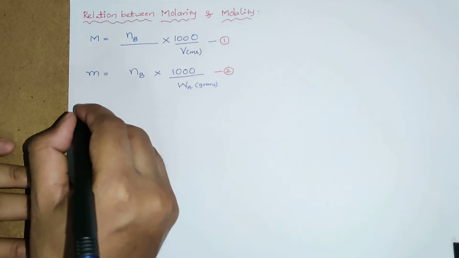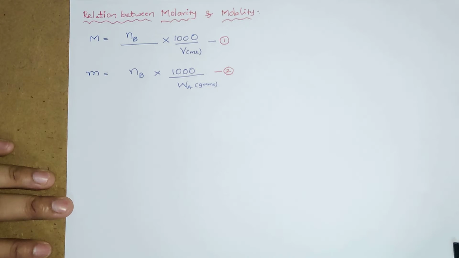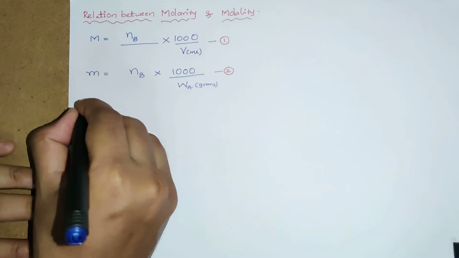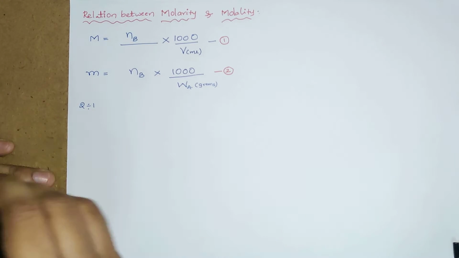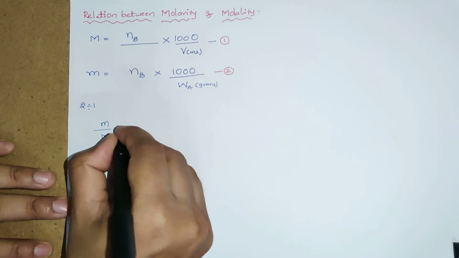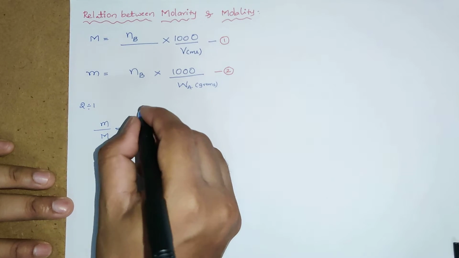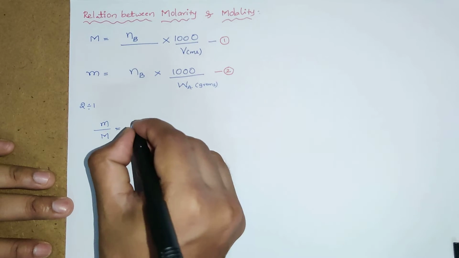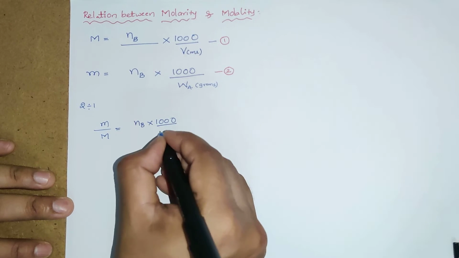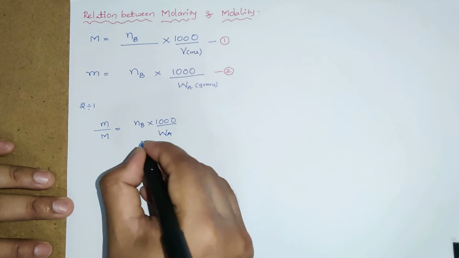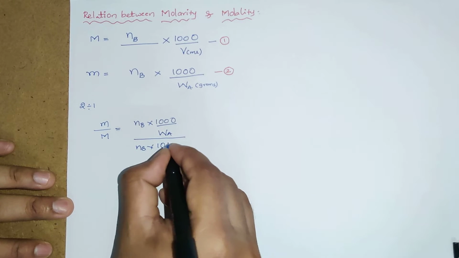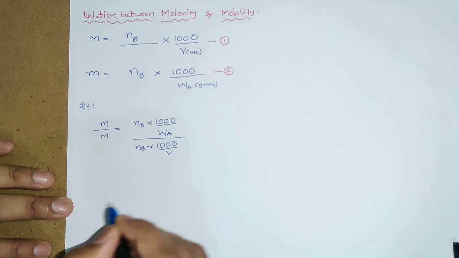Just divide the molality with the molarity, that is 2 divided by 1, then m by capital M is equal to NB into 1000 by WA by NB into 1000 by volume of solution.